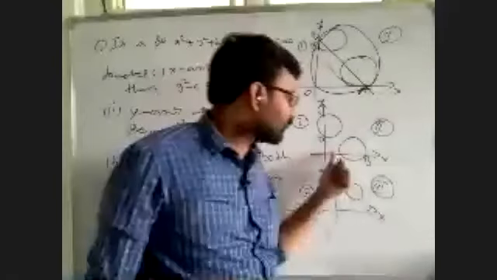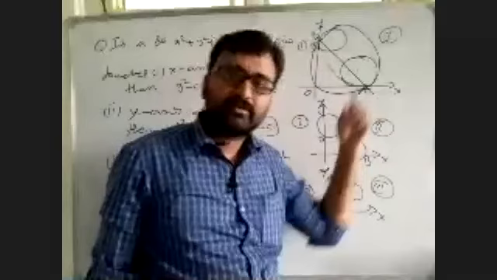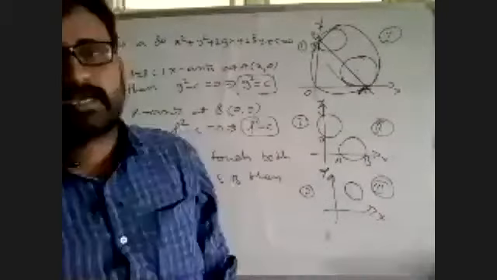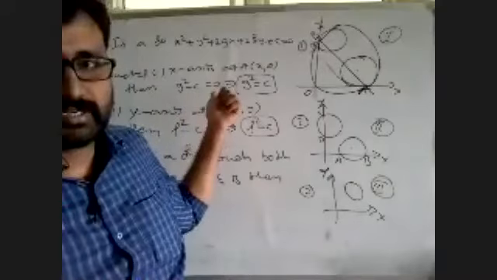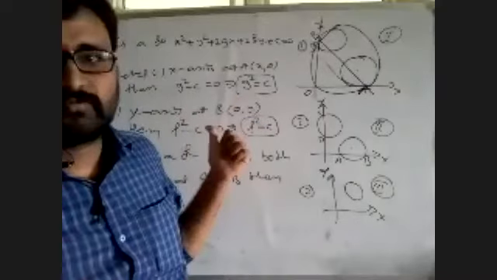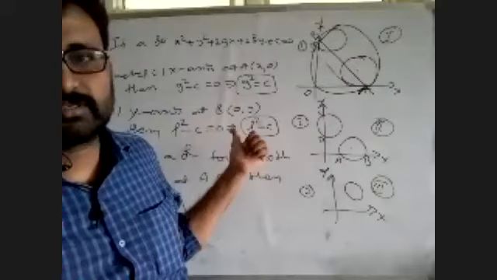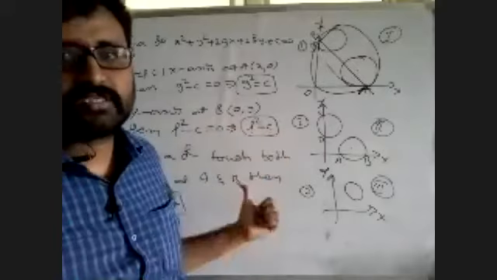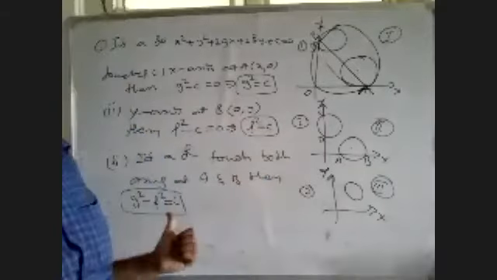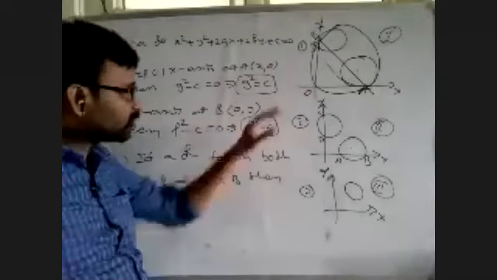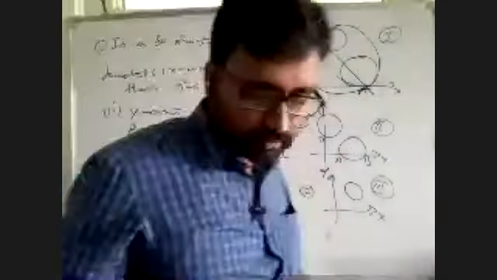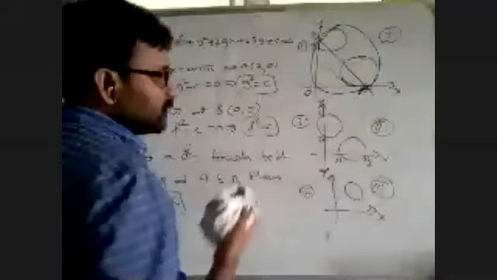Here you will get intersect. So touches x-axis at one point A, g square minus c equal to 0 or g square equal to c. Touches y-axis at a point, f square minus c equal to 0 or f square equal to c. Touches both axes, then g square equal to f square equal to c. So this is about the first condition. Now, what is the second condition?